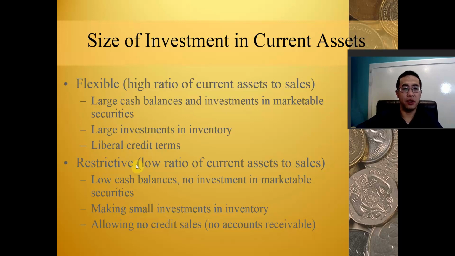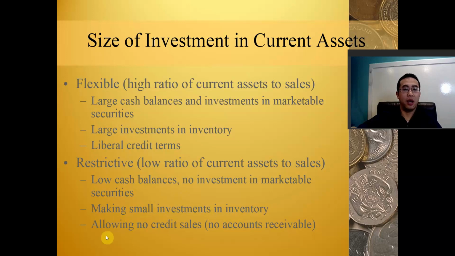And restrictive is the opposite. It gives a low ratio of current assets to sales. So you have low cash, no investment in marketable securities or other financial products, and no money to invest in inventory in the short run.